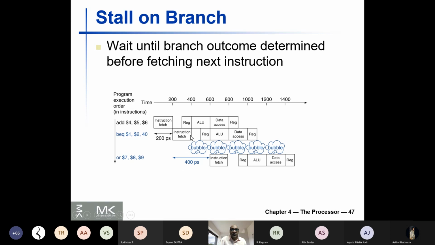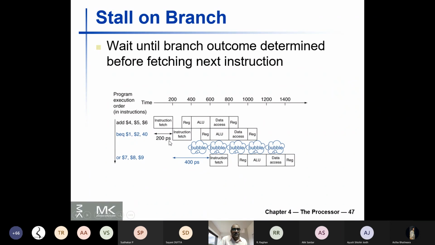But in case of a branch instruction, if the condition is true, the address to be fetched depends upon the target address. So we need to wait for the completion of the branch, knowing the branch result. Therefore, the target instruction has to wait 400 picoseconds instead of 200, because the other 200 is for knowing the branch address, right?